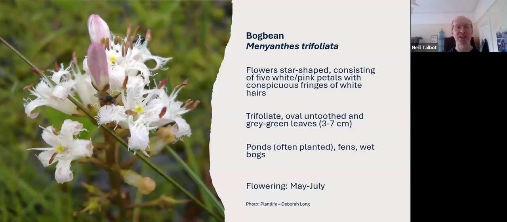So you can see on here that they do look like they've got little hairs growing off them, and the flowers are sort of star shaped, with 5 petals.